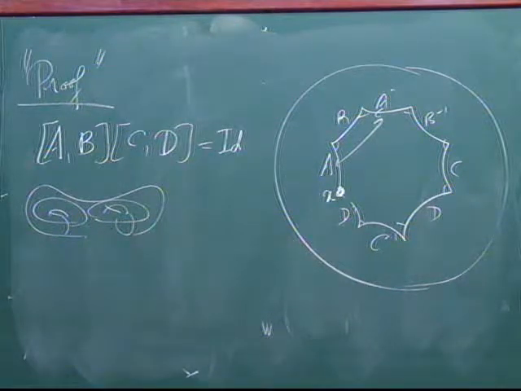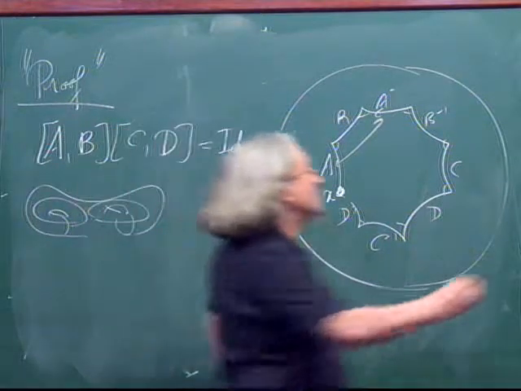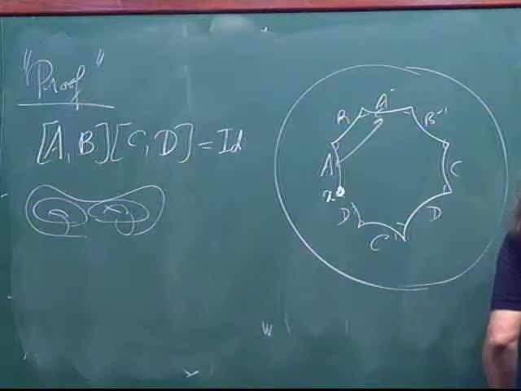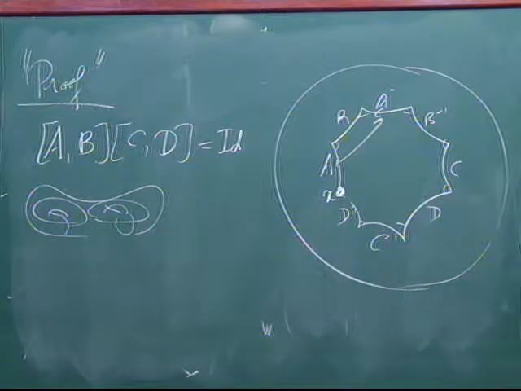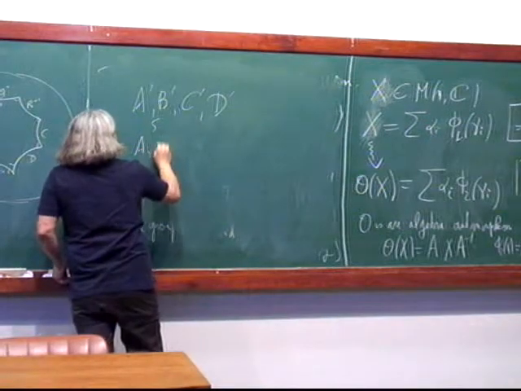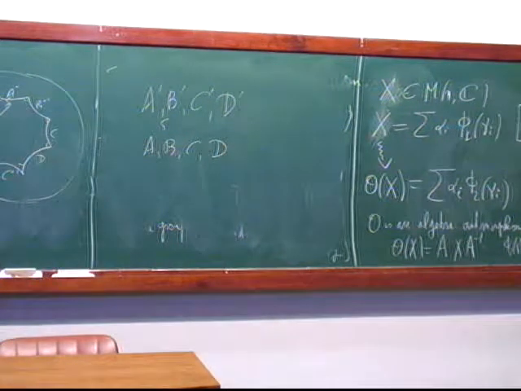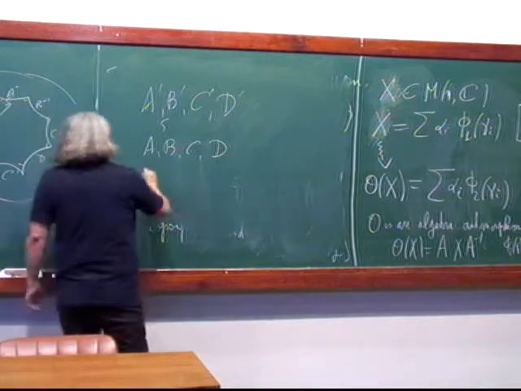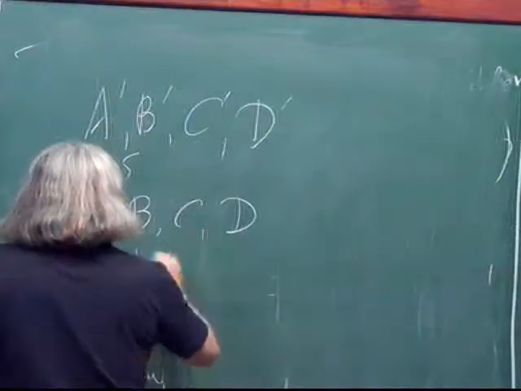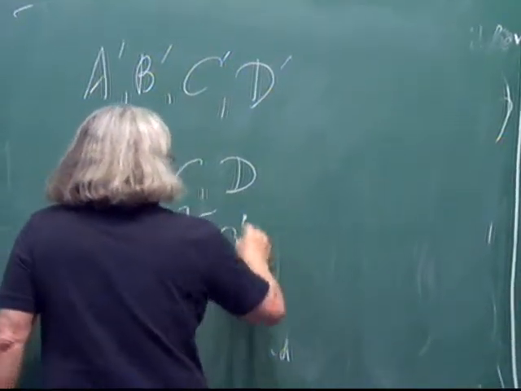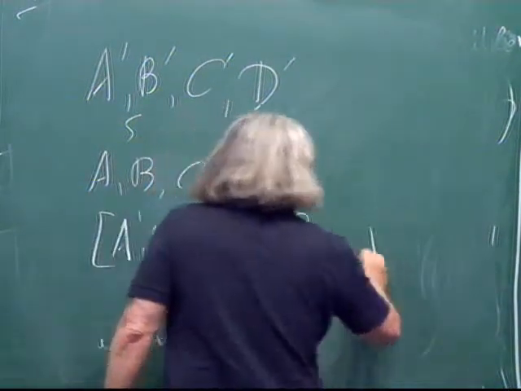You want to show that the space of faithful, discrete representations is open. So you just perturb a little bit the matrices. So you take A', B', C', and D', which are close to A, B, C, D. And of course, since it's still a representation, the product A'B'C'D' is still the identity.